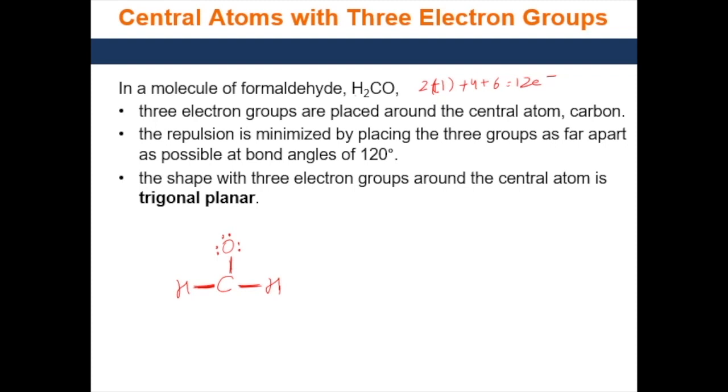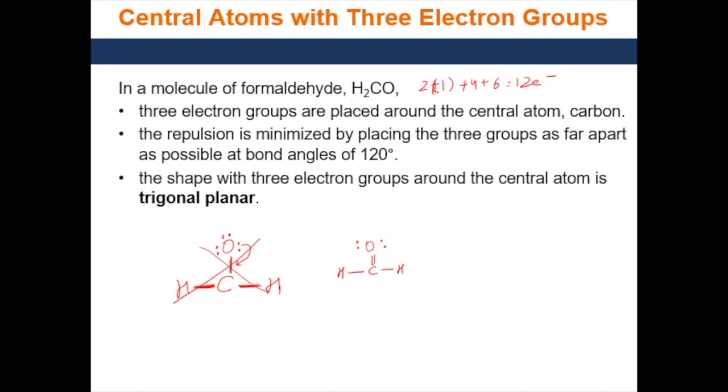12 electrons. But carbon here is not happy. You can see carbon has 3 bonds. So these 2 electrons will be given to carbon, which means our final Lewis structure would look something like this: a double bond to O, and O will have 2 lone pairs. So this would be our final structure. Now how many electron groups are present around this molecule?